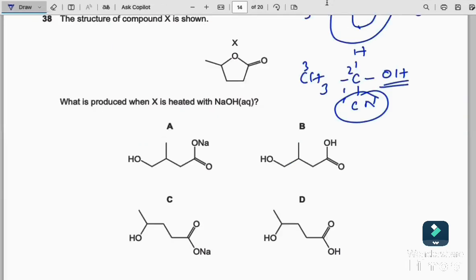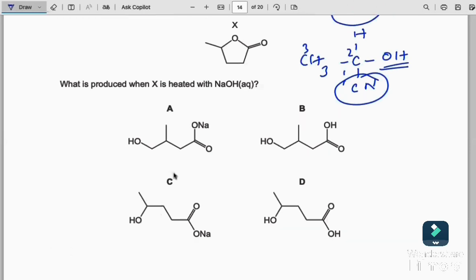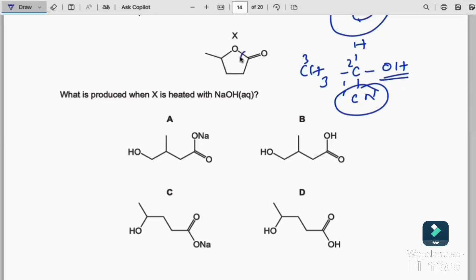Question 38. The structure of compound X is shown. What is produced when X is heated with sodium hydroxide? See, this is an ester, right? When an ester is heated with sodium hydroxide, it is hydrolyzed, and it is going to form the sodium salt of a carboxylic acid and an alcohol. If I break it down here, this will be an OH group, and the sodium salt of the carboxylic acid, which is COONa.